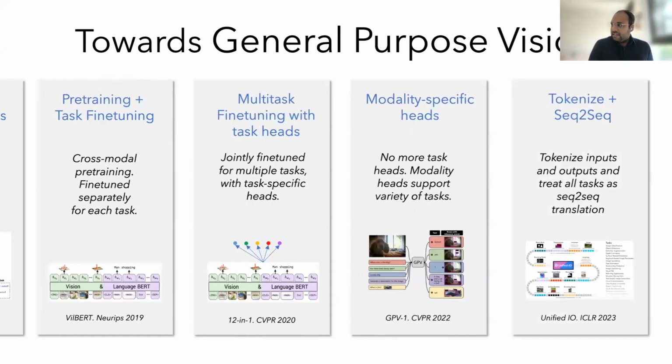My colleagues at AI2 have also pushed this further with a system called Unified IO, where the hypothesis was, what if we tokenize the inputs and outputs into some token space? Then would all the tasks that we're interested in, whether it is segmentation or surface normal prediction, just convert into sequence-to-sequence translation problems?